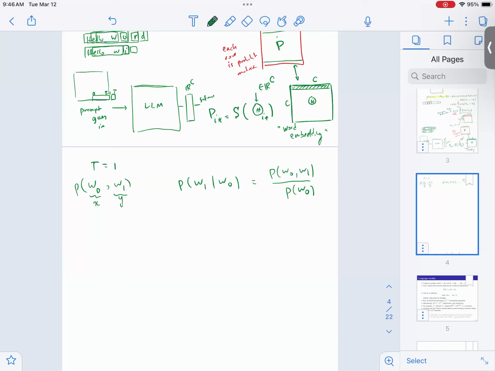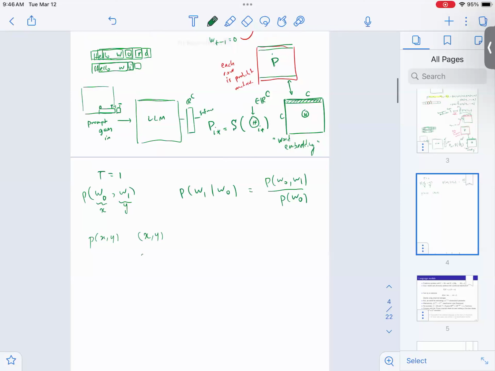The order matters here as well. Whenever you have two random variables, the probability of X and Y, when I write it, I mean the joint distribution of X and Y. This joint distribution of X and Y is not necessarily the same as Y and X, so they're not necessarily exchangeable.